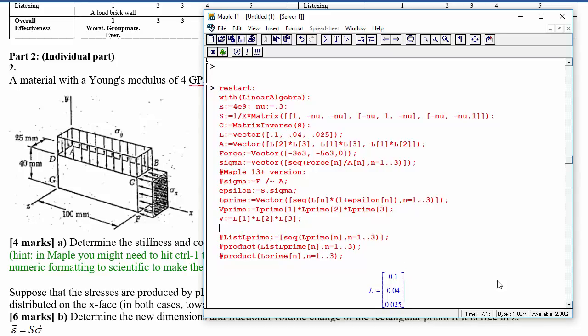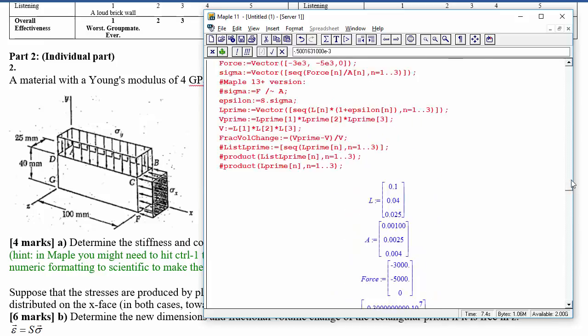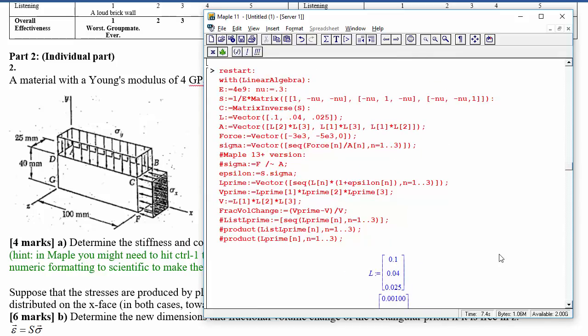And then the fractional volume change should be equal to V prime minus V over V. Okay, fractional volume change is a decrease of 0.05%. That's pretty small.